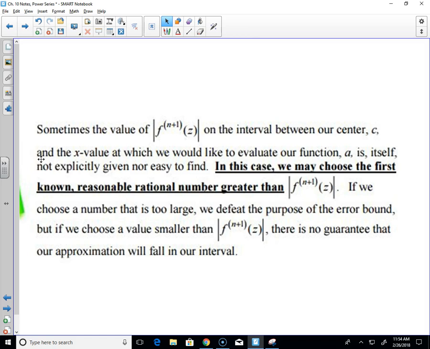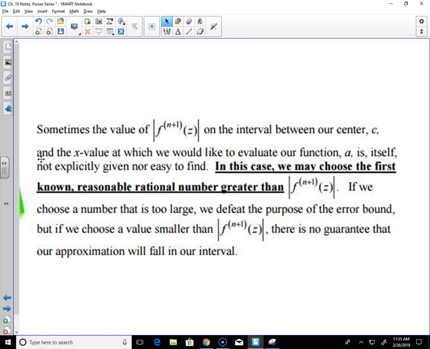For instance, if we were trying to approximate something like sine of 0.1 or 0.7, some sine value, between where it's centered, which we assume is at 0, and the value, 0.7, what's the maximum value of its derivative, cosine, on that interval?